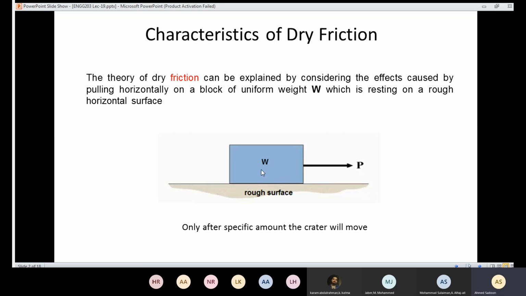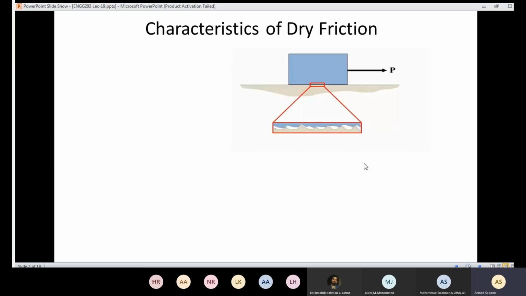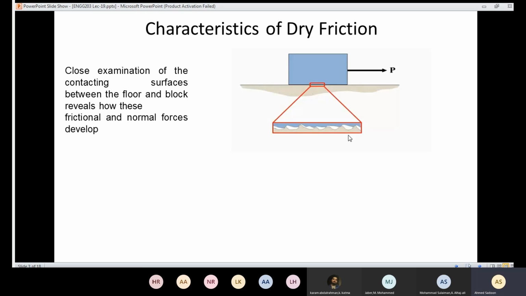To understand what's going on here, we need to take a sample to know what is preventing the box from moving in that direction. So we are going to take a sample here and magnify it like that. We need to examine the contacting surface between the block and the floor.